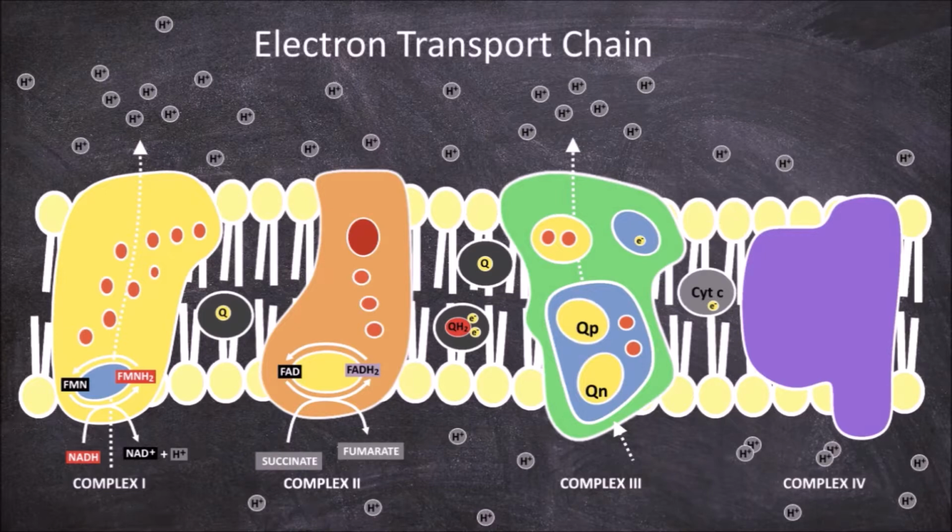Complex 4, also known as cytochrome C oxidase, consists of a double copper center, a heme site, and a copper plus heme A3 site. Cytochrome C transfers a single electron to the CuA center in complex 4. 4 cytochrome Cs sequentially pass on 4 electrons into complex 4.